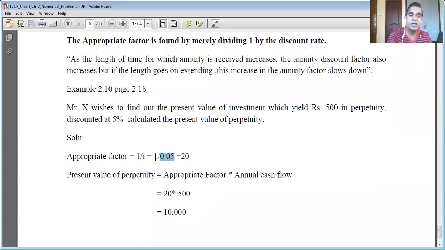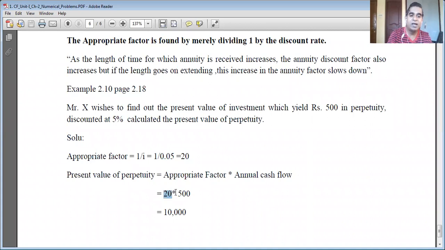Now you can divide 1 by 0.05. The answer is 20. As we know, the present value of perpetuity can be simply found by multiplying the appropriate factor by the annual cash flow. Just above we identified the appropriate factor, which is 20.